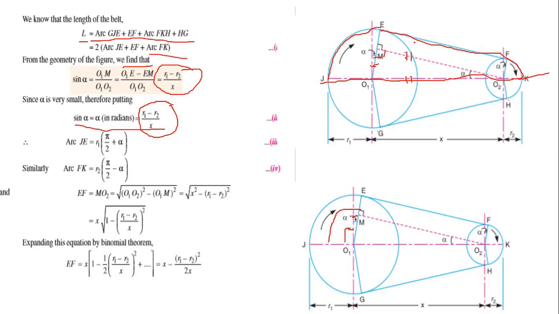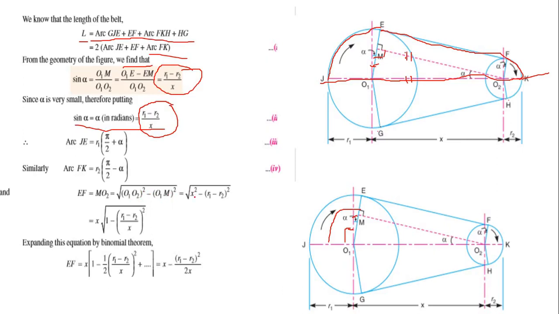Now EF is the distance. In this diagram, EF is parallel to O2M. So if you take the triangle O2, O1 and M, we use the Pythagoras theorem and write MO2 as the base, equal to root under O1O2 whole square minus O1M whole square, that is, hypotenuse square minus perpendicular square.